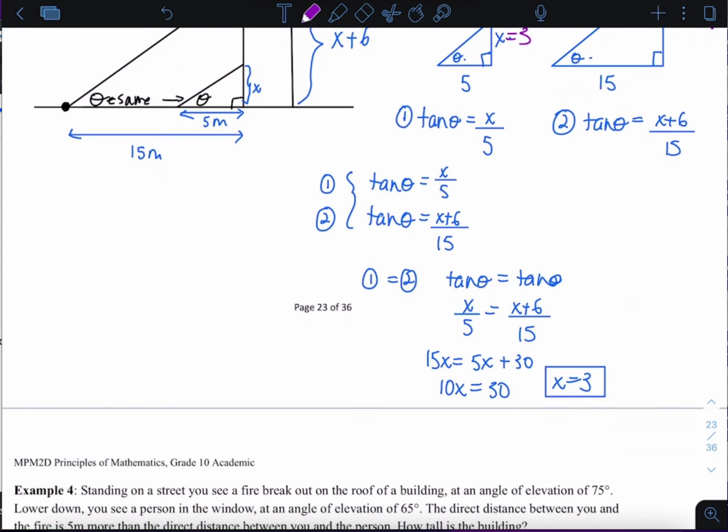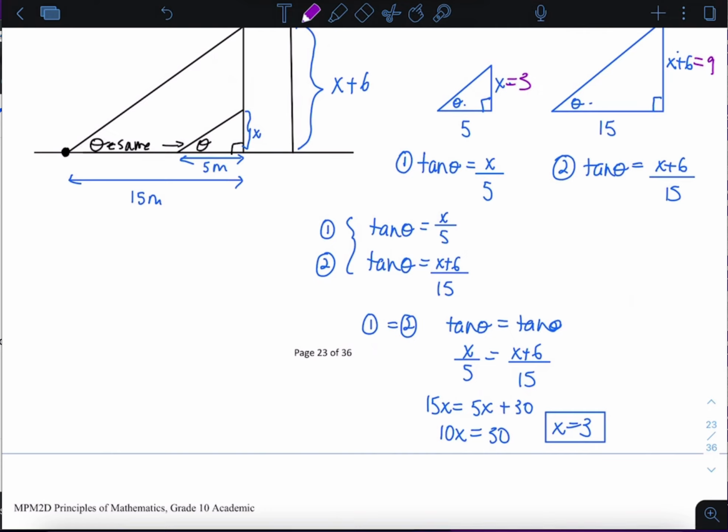But remember, this is asking me the angle of elevation. So now I can pick either of these two triangles. Maybe let's pick the smaller one because it's easy. So if this is 5 and this is 3 and this is theta, now I can solve for theta using my inverse tan button.